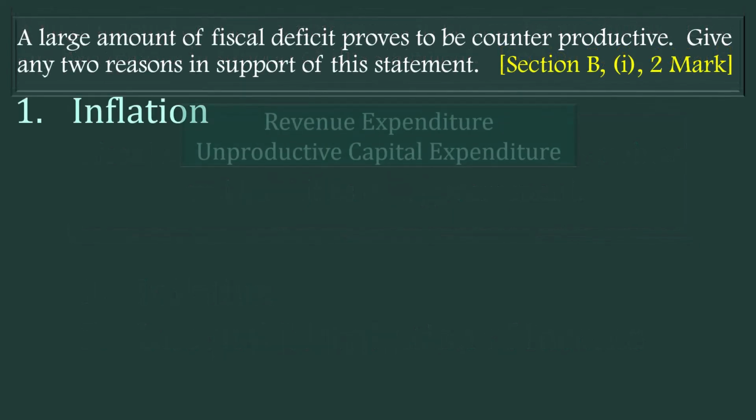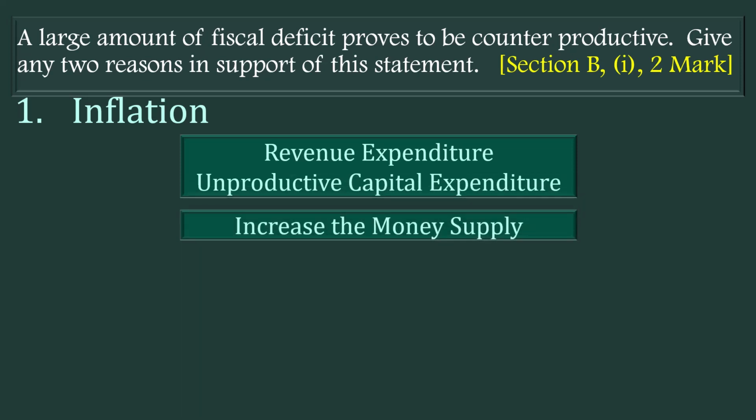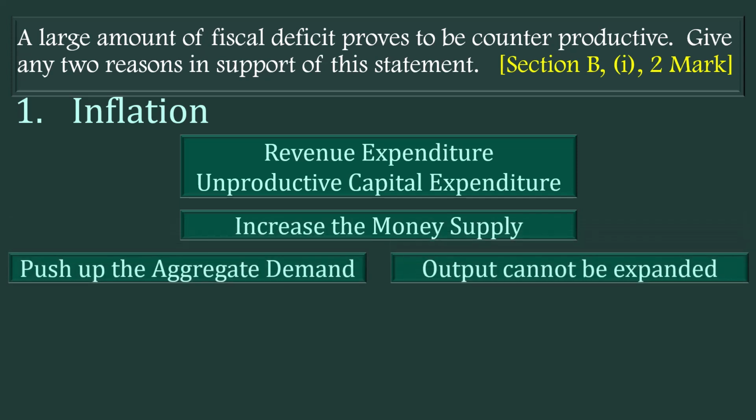Inflation. When a large part of the borrowed amount is spent to meet revenue expenditure and unproductive capital expenditure, it will increase the money supply in the economy and push up the aggregate demand. The output cannot be expanded quickly to meet the fast-growing aggregate demand.